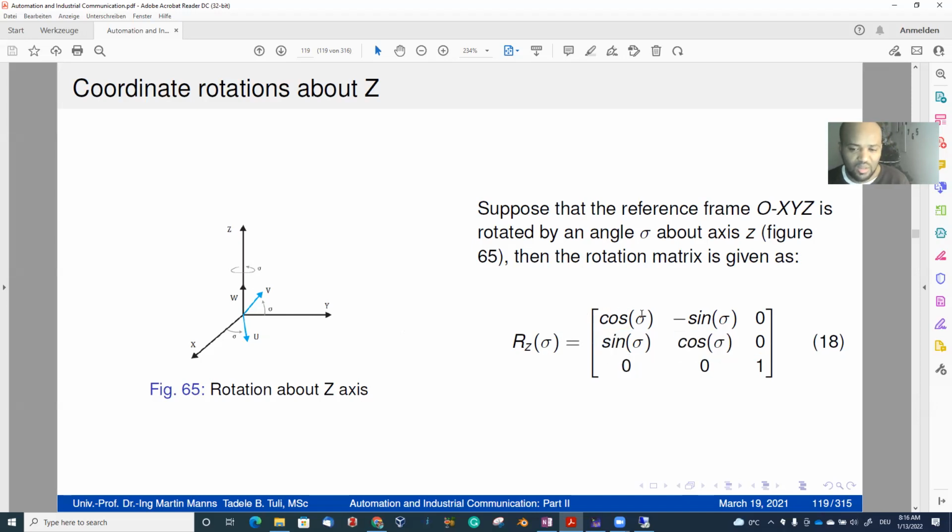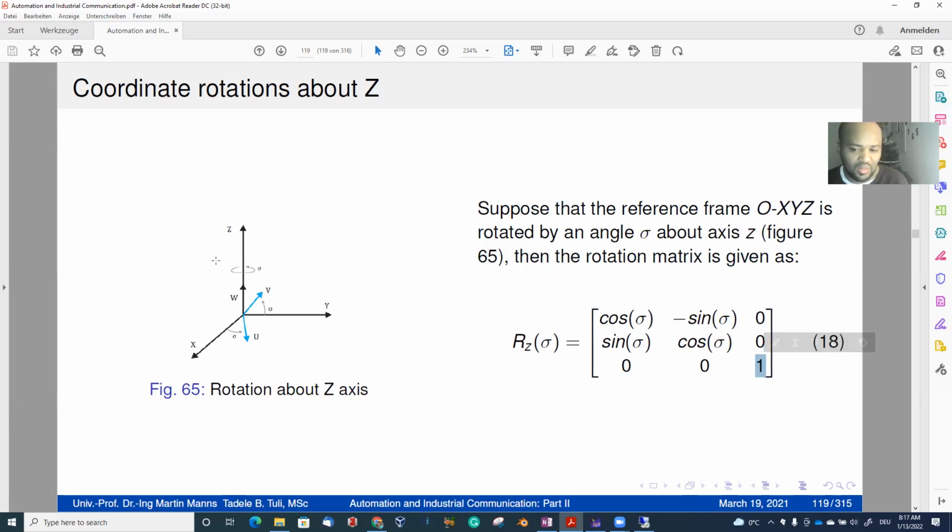So cos sigma along x plus sine sigma along y and 0 along z. The same is true for the second column, minus sine sigma along x plus cos sigma along y plus 0 along z. For the third column, it is 0 along x plus 0 along y plus 1 along z. So now along z, we have a unit 1.